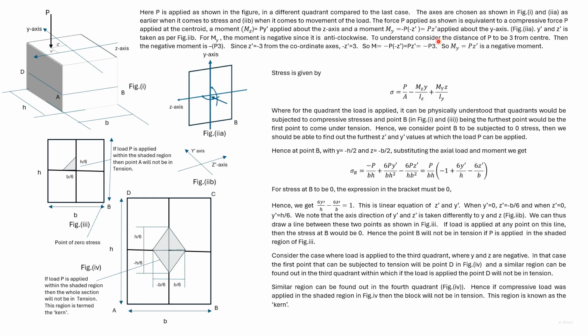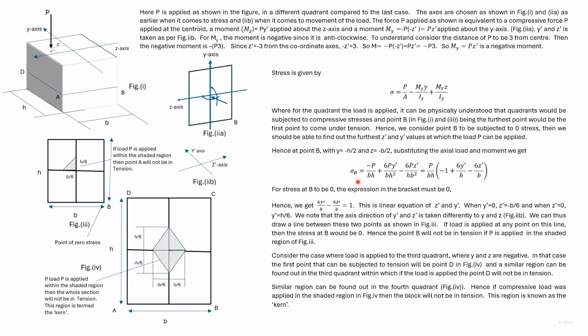We earlier found that the stress is given by this formula. We earlier found out Iz, Iy, and A, and here we have found out Mz and My. P here is compressive, so we substitute these values in this expression. As per this coordinate, the ordinates of the point B is minus h by 2 and minus b by 2.